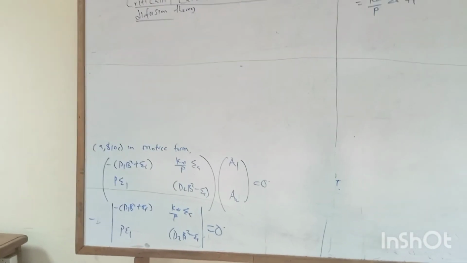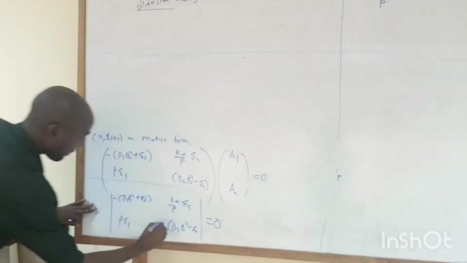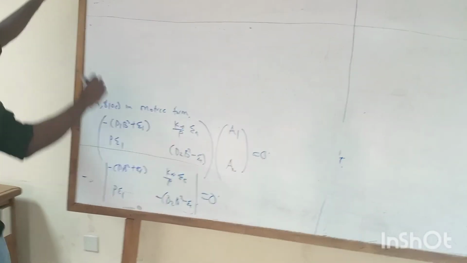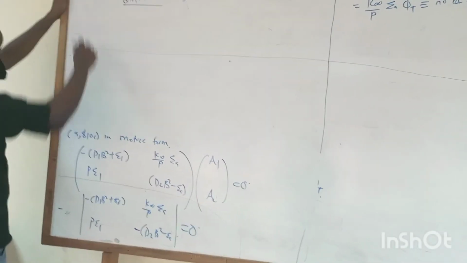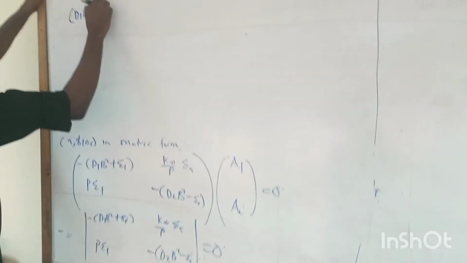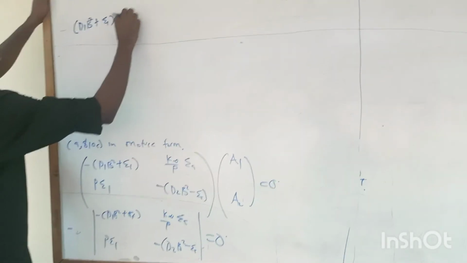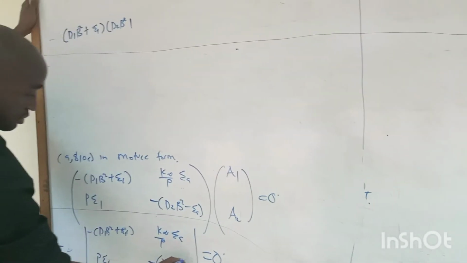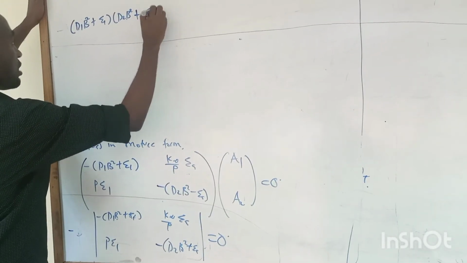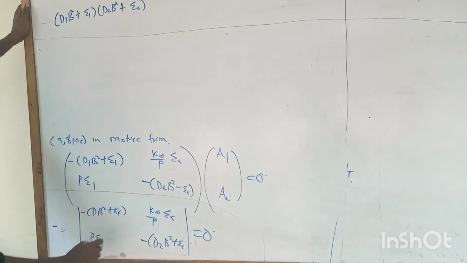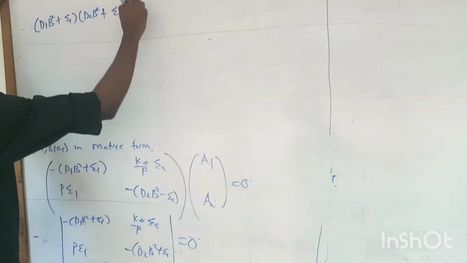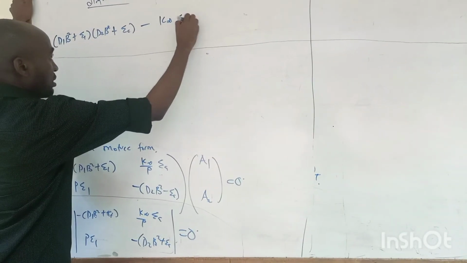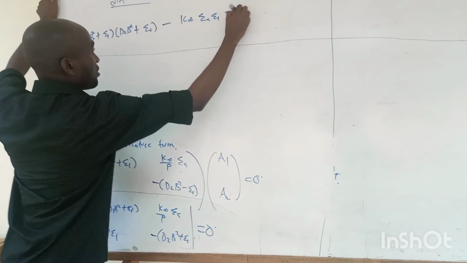So I can calculate; this one will have negative also because it has been there, both of them. So this one will give me d1 b squared plus e1, d2 b squared plus ea, p will have cancelled p, minus k infinity e1 is equal to 0.